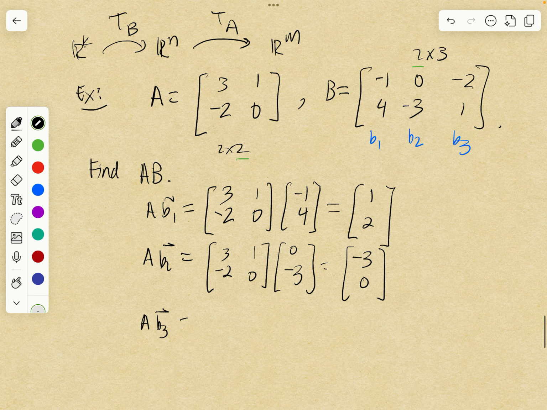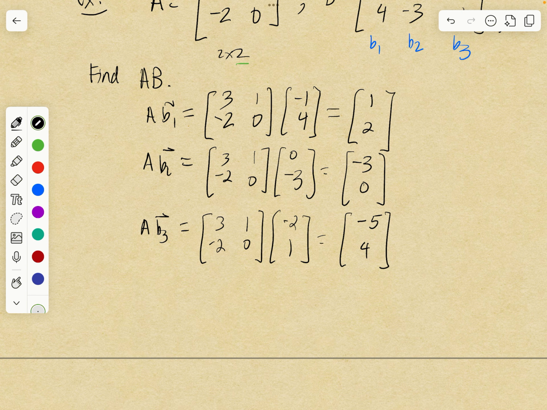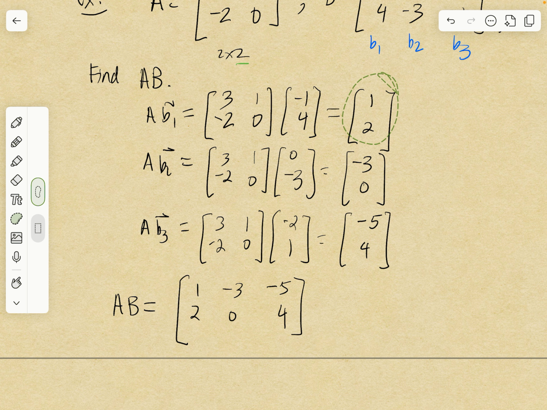And if I do A times B3, I'm going to get (-5, 4). And so my product, AB, is going to be the matrix 1, 2, -3, 0, -5, 4. Because this vector is my first column, that vector is my second column, that vector is my third column.